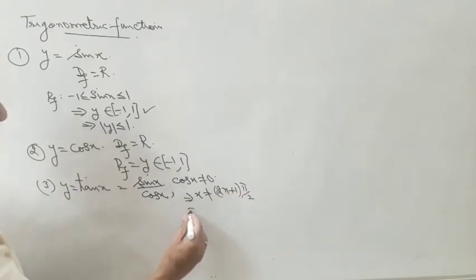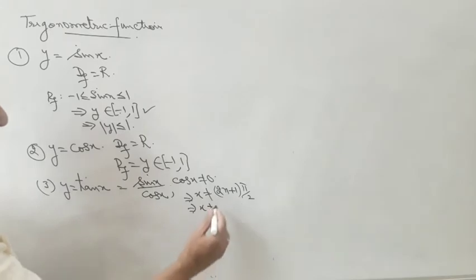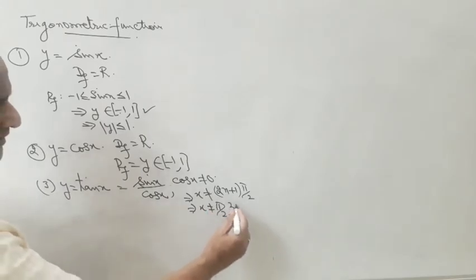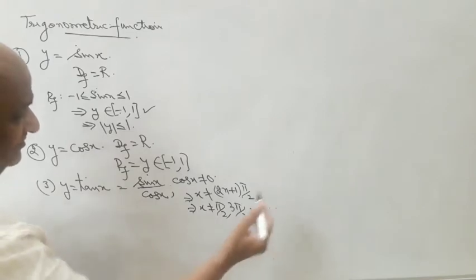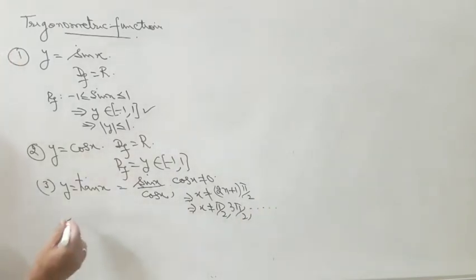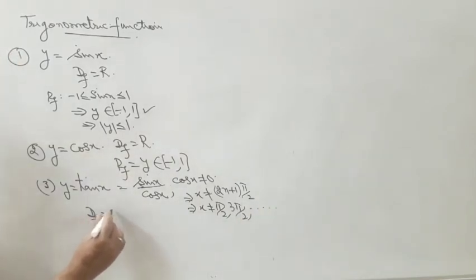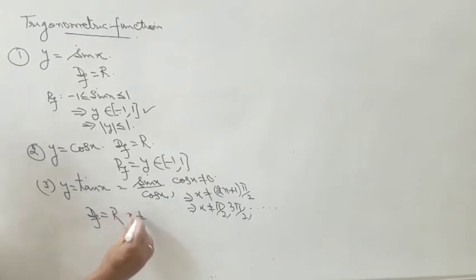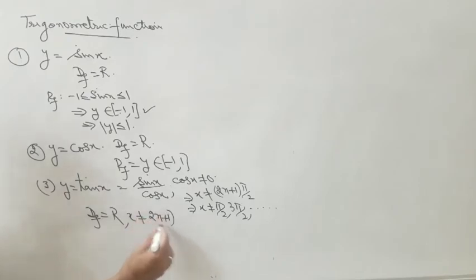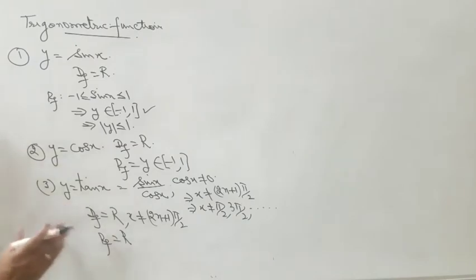That is, x is not equal to pi by 2, 3 pi by 2 and so on. So the meaning is, domain of the function is all real, x is not equal to (2n plus 1) pi by 2. That means pi by 2, 3 pi by 2, 5 pi by 2 etc. will not be there, apart from that all real. And the range of the function is all real. This is for tangent x.